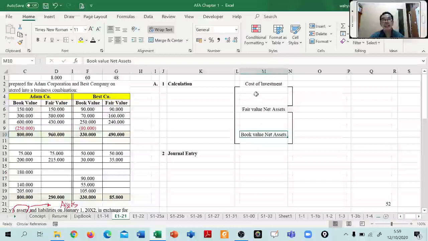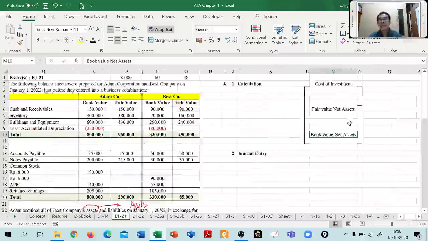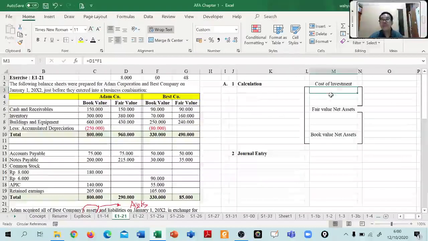Okay, let's calculate each part of the diagram. Cost of investment, yeah.